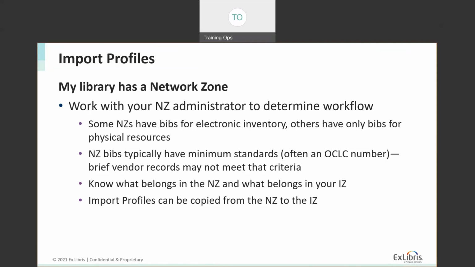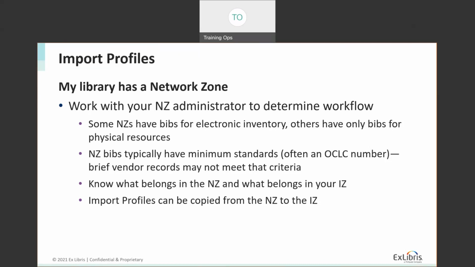Some network zones have bibs for electronic inventory, others don't. Usually network zone bibs require minimum standards. What I've seen working with customers in North America is an OCLC number. Brief vendor records may not meet that criteria. So what does the network zone manager want you to do in that case?